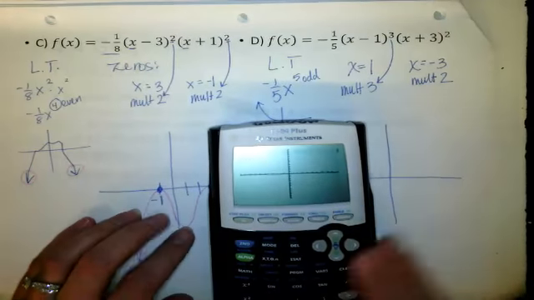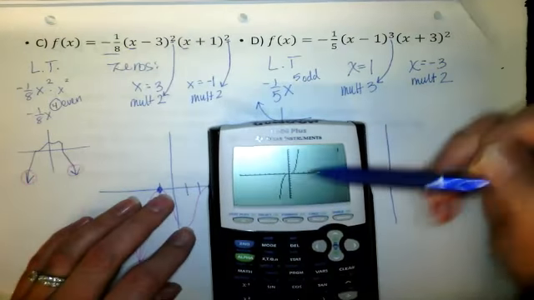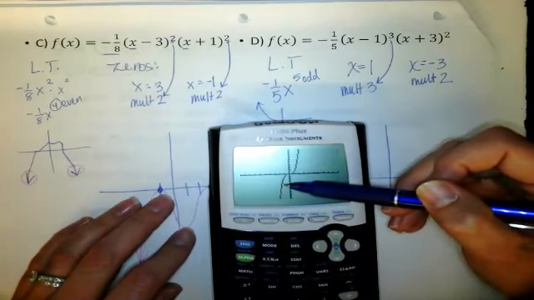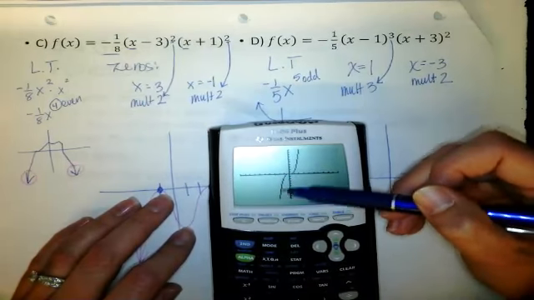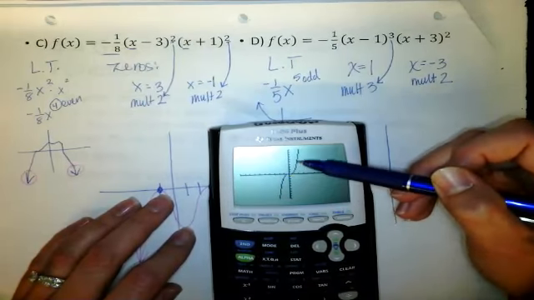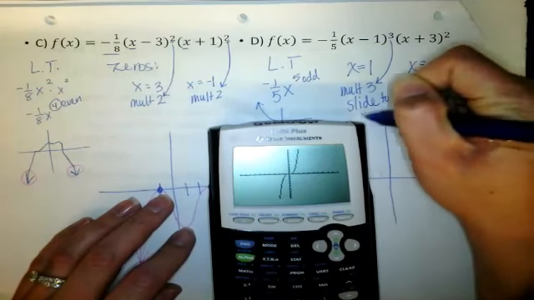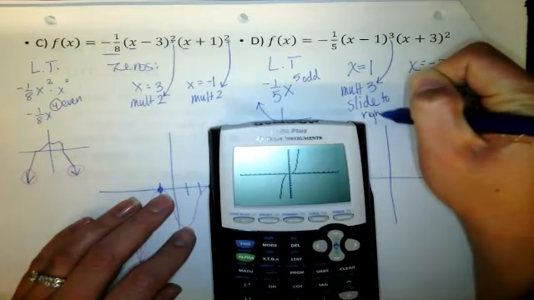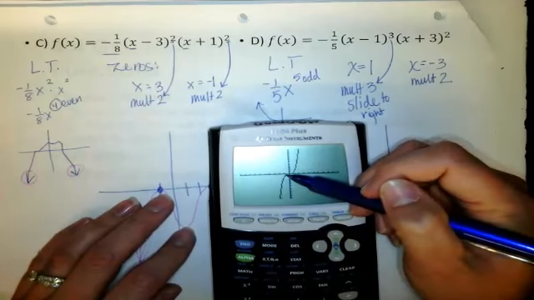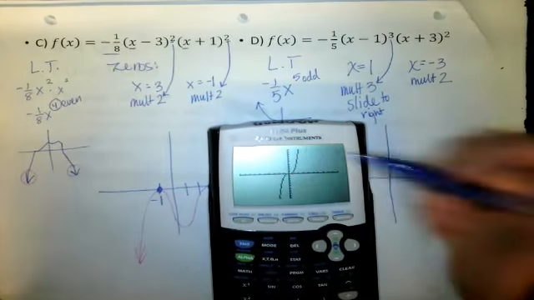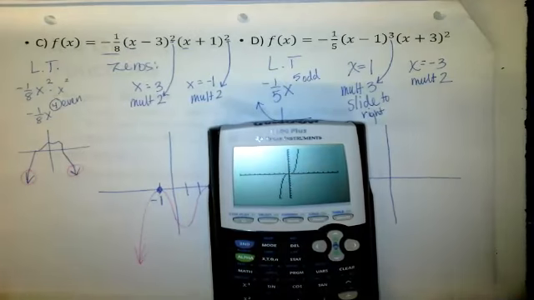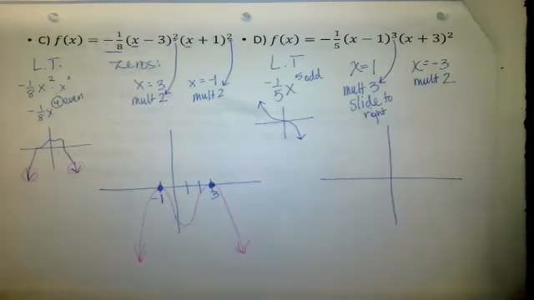So I guess we need to know what that actually looks like. It's a squiggle. What I like to call this is a slide to the right, because you'll notice it sort of slides to the right. You increase and then it slides through. Do you kind of see that? Okay. So that's what multiplicity 3 looks like.